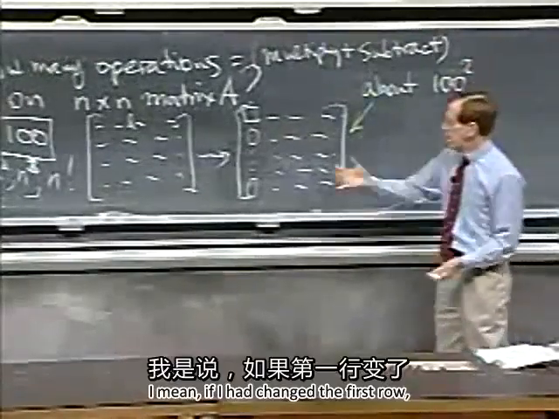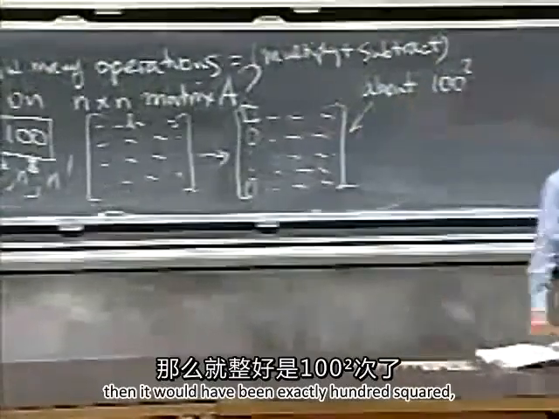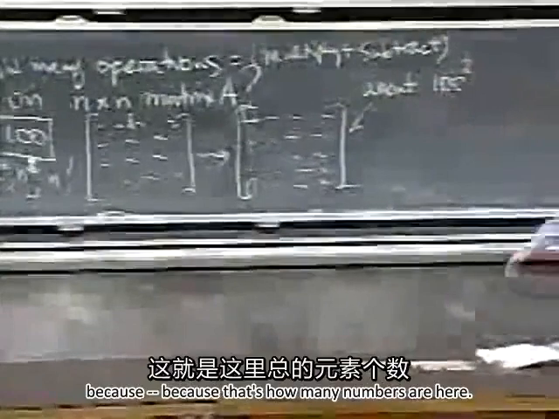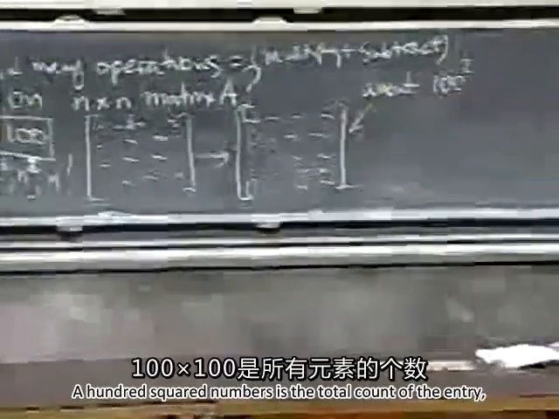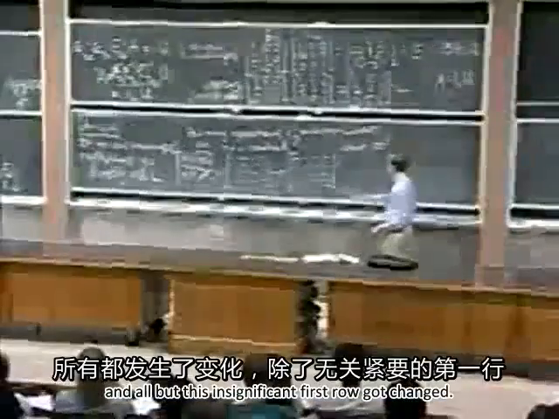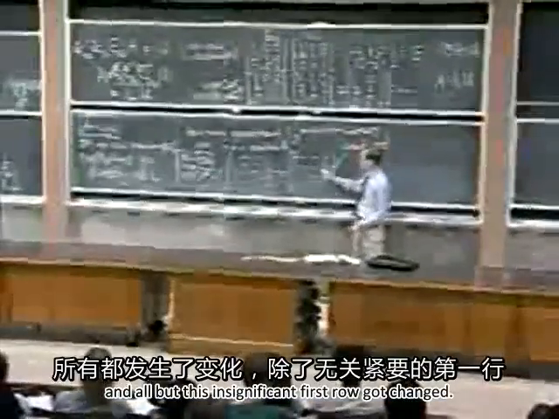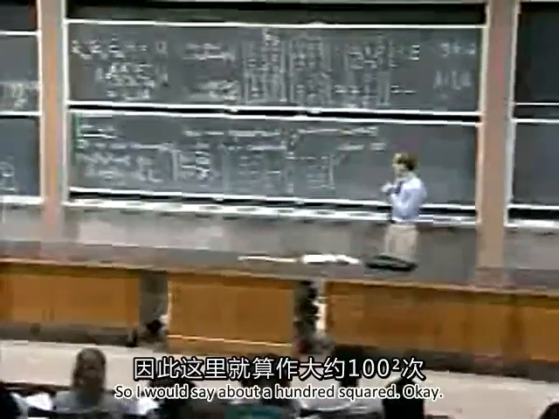I mean, if I changed the first row, then it would have been exactly 100 squared, because that's how many numbers are here. 100 squared is the total count of the entries, and all but this insignificant first row got changed. So I would say about 100 squared.